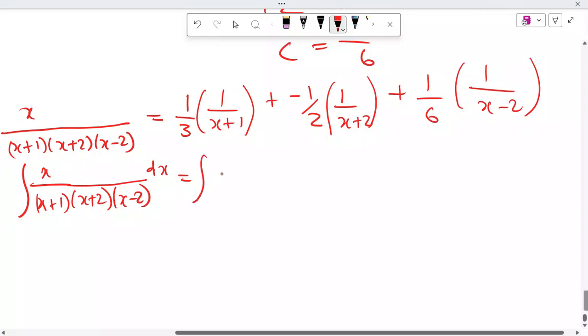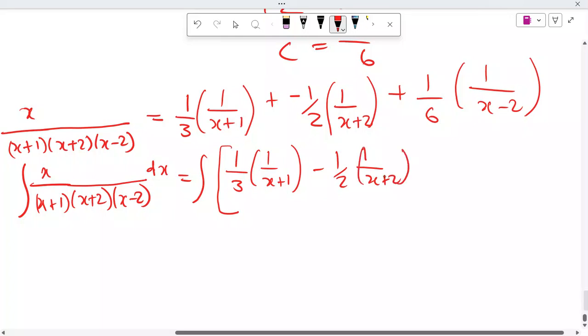Same as integrating, so you can put them in the bracket, everything. 1 over x plus 1. This will multiply by this negative half. 1 over x plus 2 plus 1 over 6. Okay, 1 over x minus 2. Everything dx.